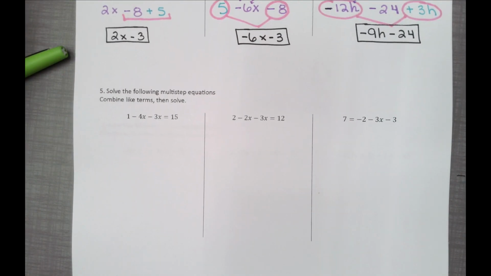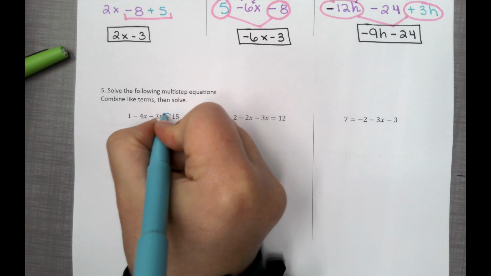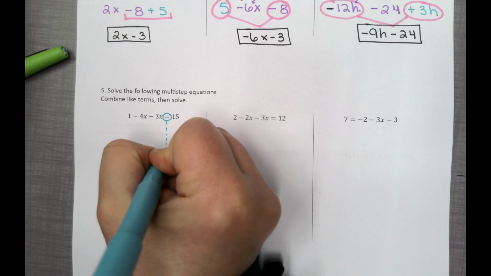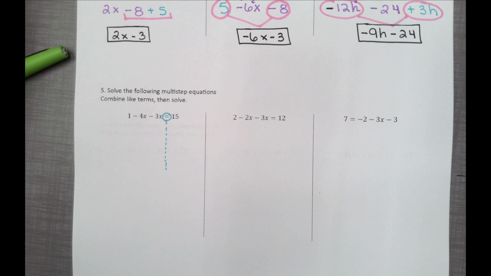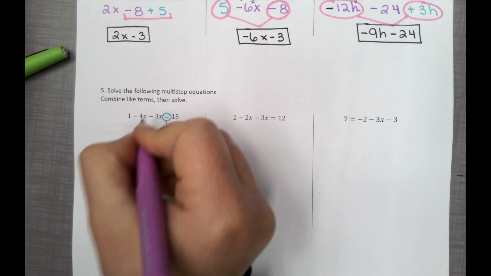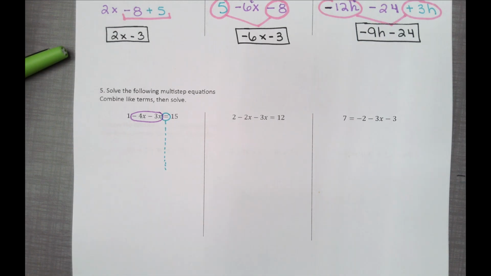Next up, we have solving multi-step equations. There are 2 styles of multi-step equations, technically 3 styles. The first style is combining like terms. Step number 1, we're going to circle that equal sign, draw a dotted line. I'm going to extend it out a little bit further than typical. Now I'm going to take a look at what needs to be combined. I am combining terms that share the same thing.